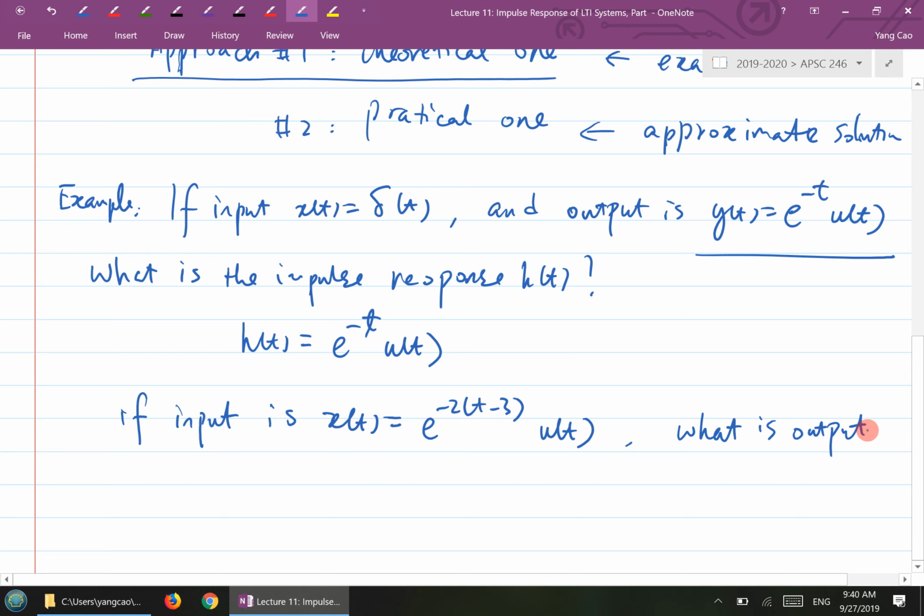So now you can see we're combining the convolution with this theorem. You end up doing a convolution exercise basically. So y of t equals x of t convolved with h of t, according to the LTI theorem.